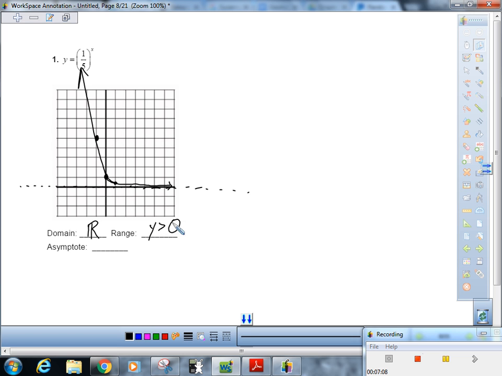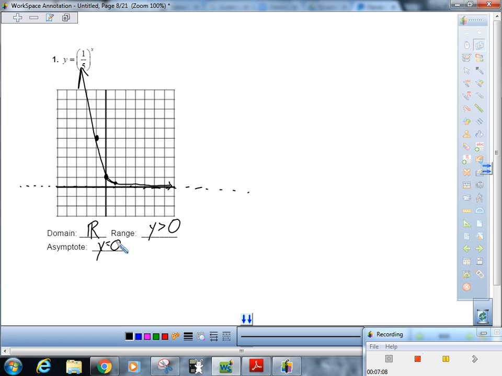Excellent, Hadi. Not greater than or equal to 0. And honestly, if you can get the range right, the asymptote is always the equals version of that. That's the line y equals 0. Remember, the line y equals 0 is the x-axis. So that's all we're saying. The asymptote is the line that we will almost reach but never get to. So that's your new word of the day.